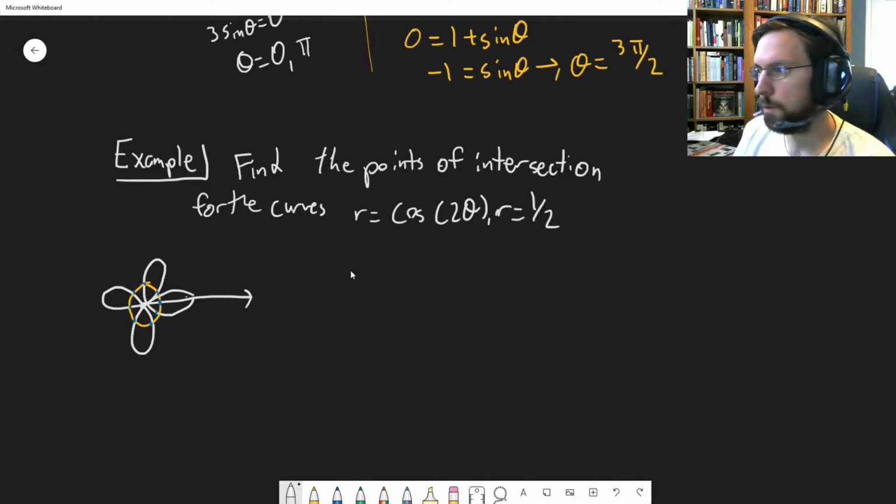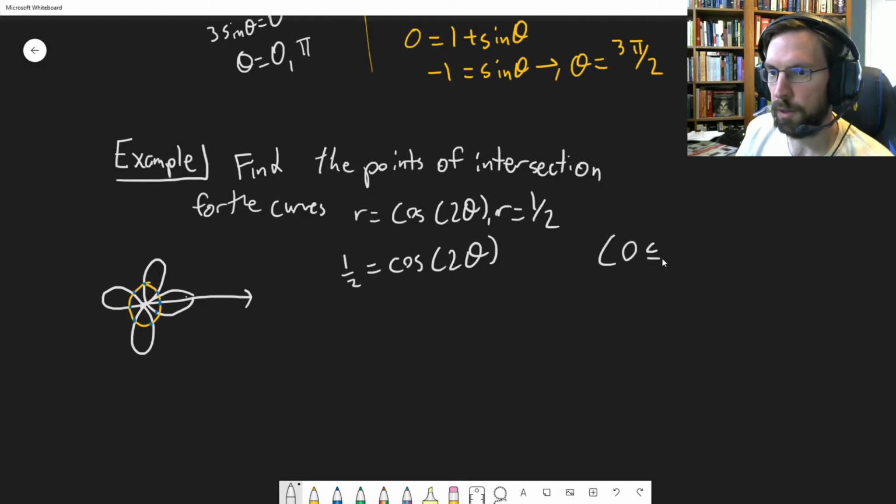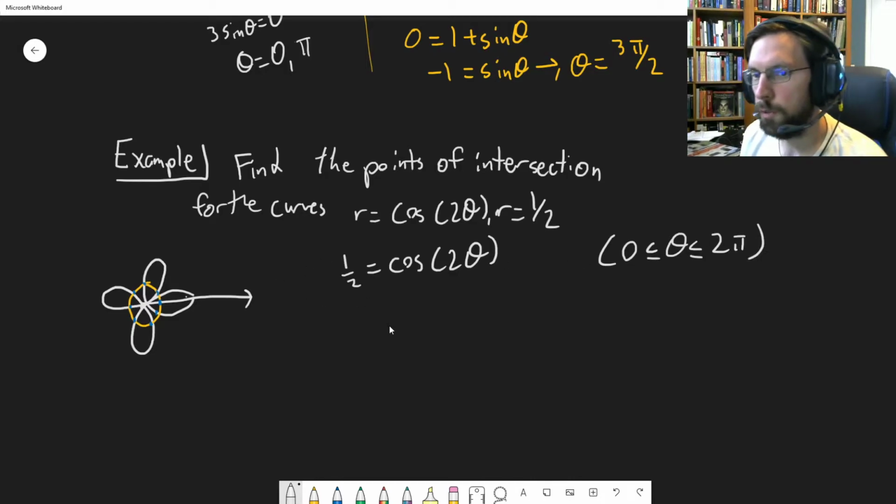Okay, so set the r values equal to each other. So 1/2 has to be equal to cosine 2 theta. One thing we know, there's actually infinitely many points of intersection, but let's go on the interval from 0 to 2 pi. So cosine 2 theta has to be equal to 1/2.